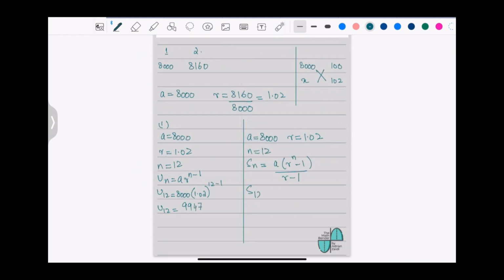I need to find S12, which equals 8,000 times 1.02 to the power 12 minus 1 over 1.02 minus 1.